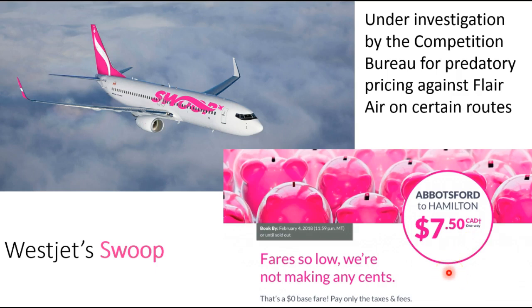The article that I read described fares as low as $34, nothing as low as this, but I thought it was kind of funny that the ad here says, fares so low we're not making any sense. So, of course, predatory pricing would involve definitely not making any money, and so they're kind of advertising that that's what they're doing.